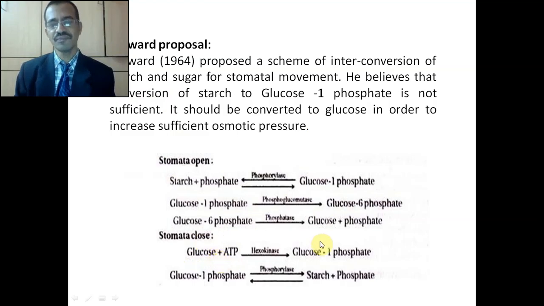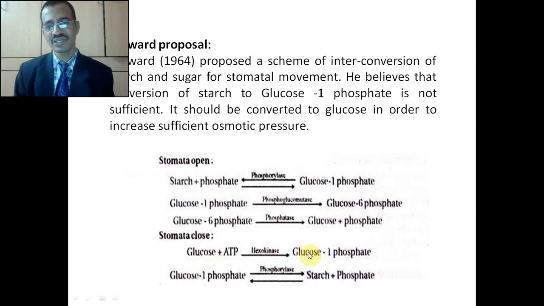During the night time, the glucose which is synthesized during the daytime is converted into glucose 1 phosphate by utilizing ATP in the presence of the hexokinase enzyme. So during the night time, the reverse mechanism takes place.